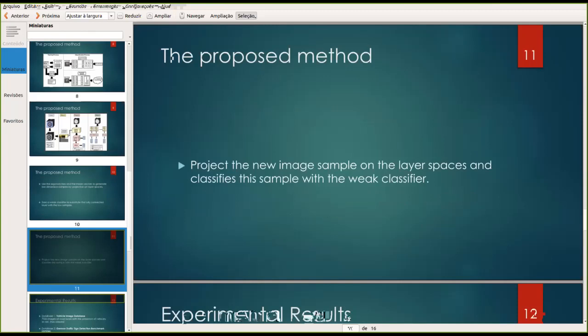After our process, the matrices of eigenvalues, eigenvectors, and the mean vectors, and the weak classifier substitute the complete VGG model.